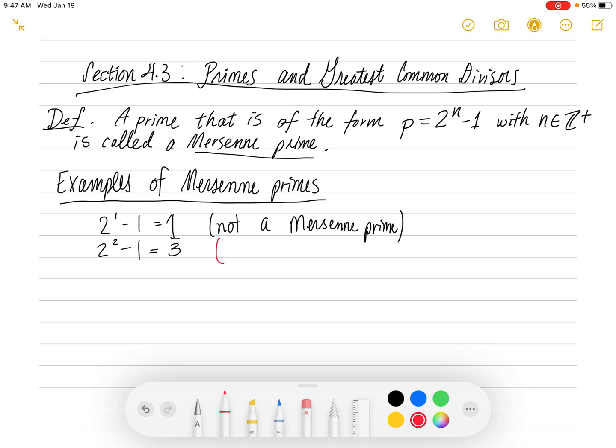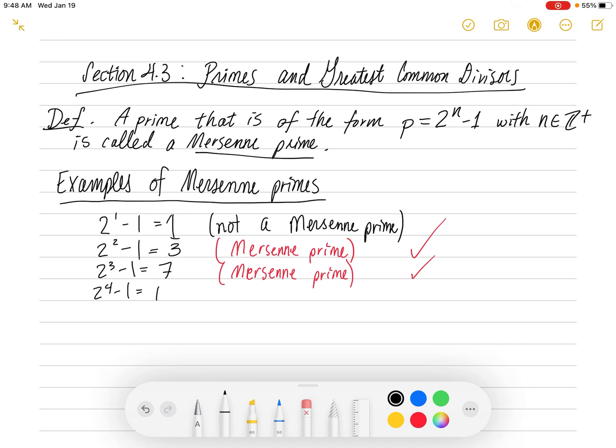That is a prime, so this is a Mersenne prime. What if I did 2 to the 3 minus 1? That would be 8 minus 1, 7. That's prime, so it's a Mersenne prime. What if I did 2 to the 4 minus 1? That'd be 16 minus 1, that's 15. That's not prime, so not a Mersenne prime.